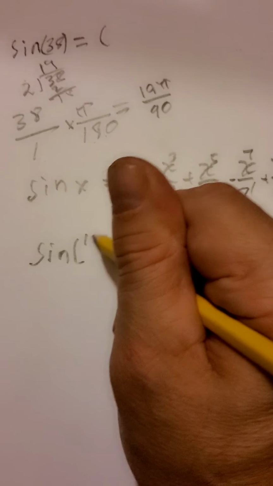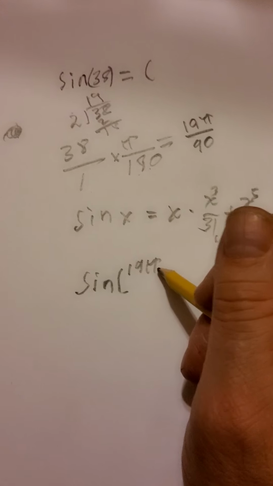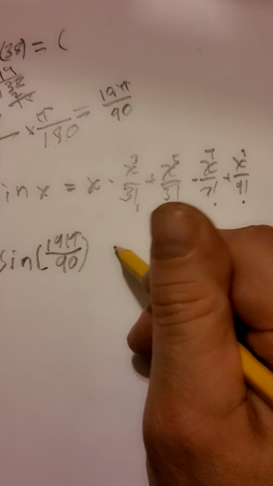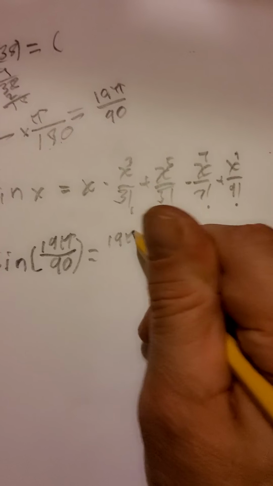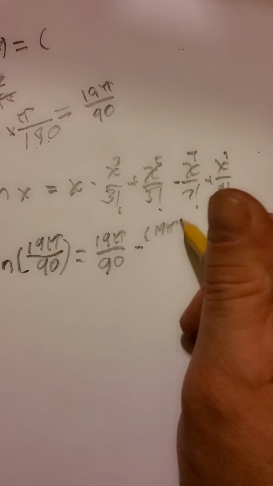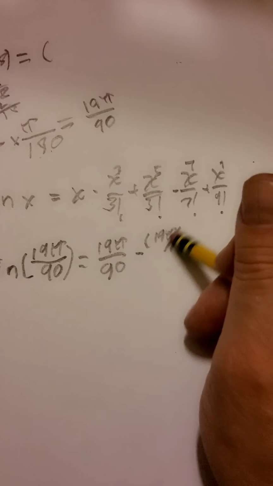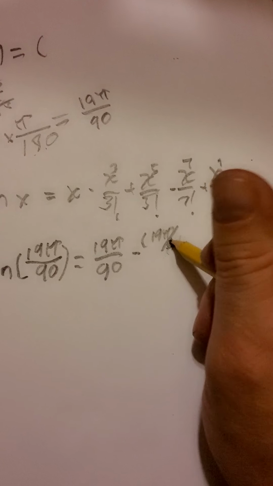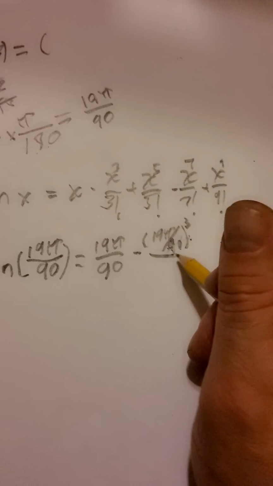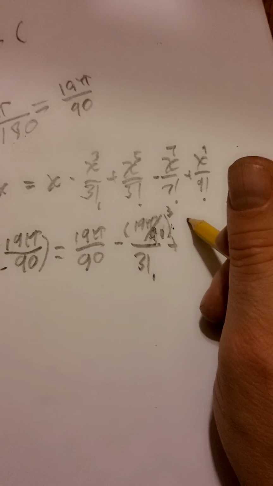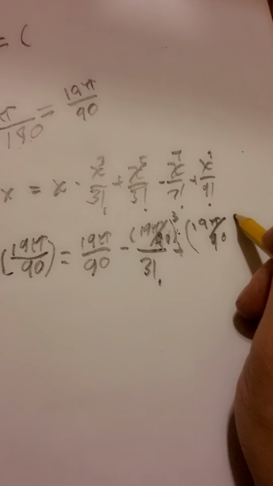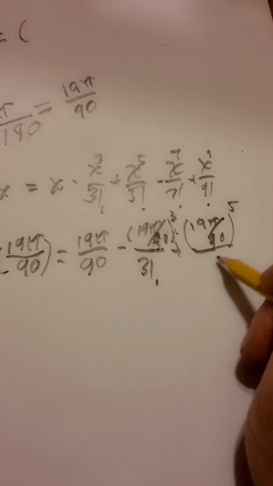It will plug in 19 pi over 90, and it'll say that equals 19 pi over 90 minus 19 pi over 90 to the 3rd power divided by 3 factorial plus 19 pi over 90 to the 5th power over 5 factorial.